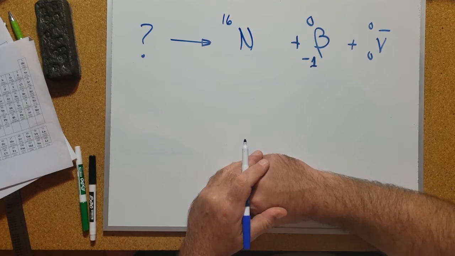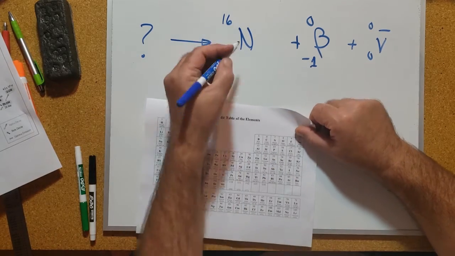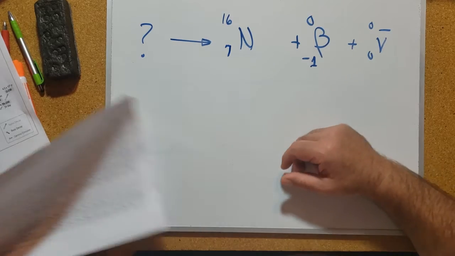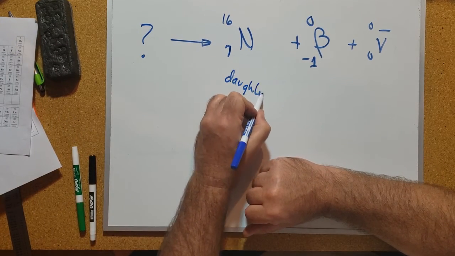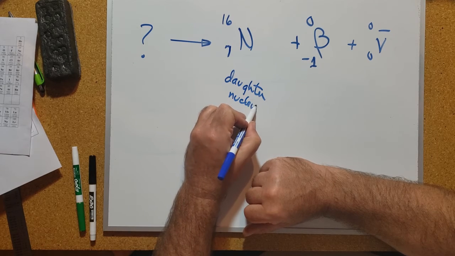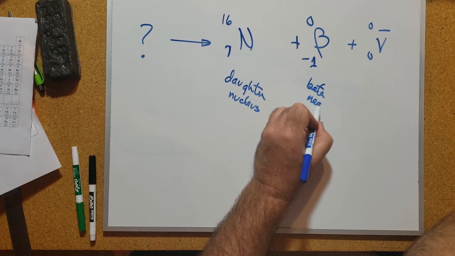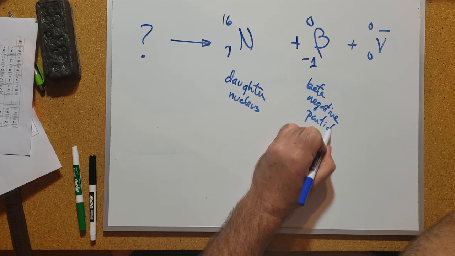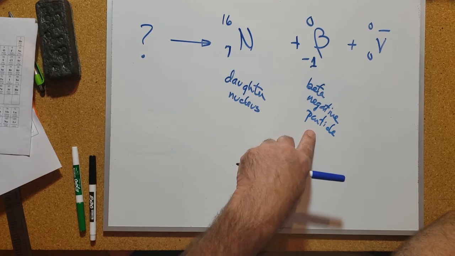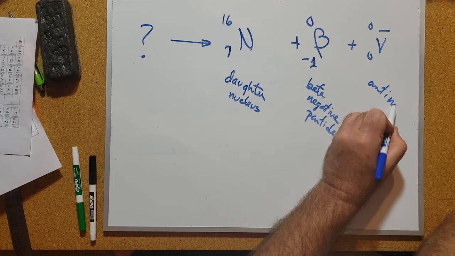Now, if you look on your periodic table, nitrogen has atomic number of 7, so this would have to be 7 here. So this is my daughter nucleus. This is my beta negative particle. This is what would be considered my radioactive emission, and my antineutrino.